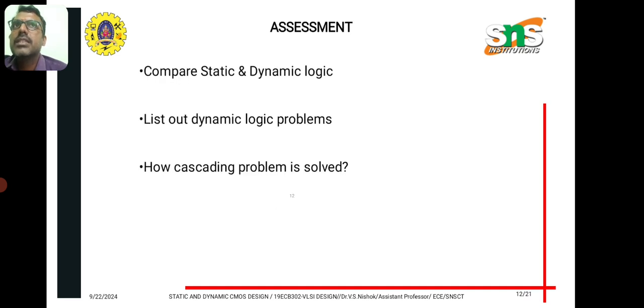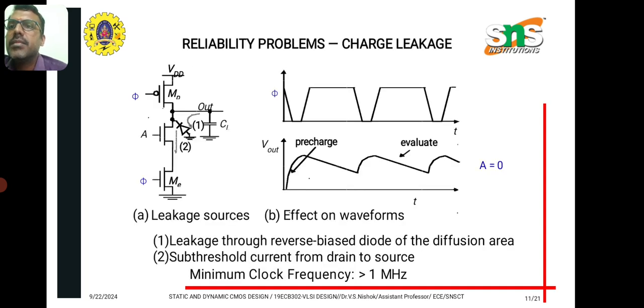Similarly, charge sharing also happens. In the same scenario, in the evaluation mode, when the clock signal is equal to 1, the charge across the output path will flow towards the pull down network.